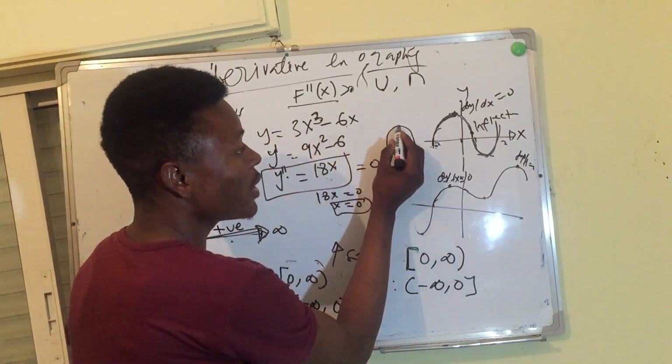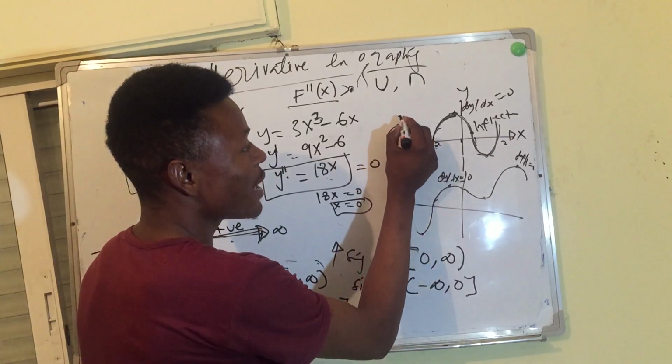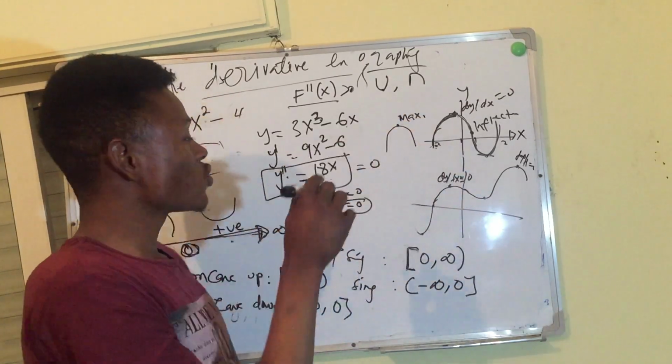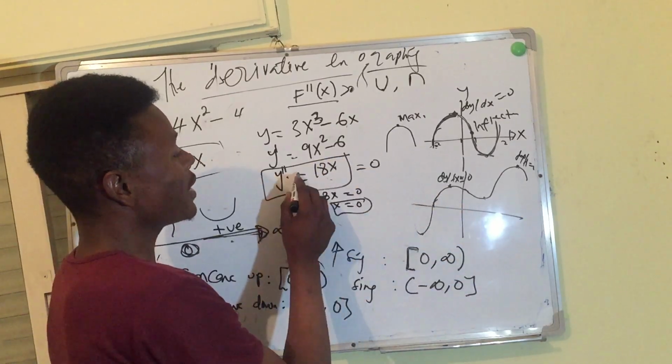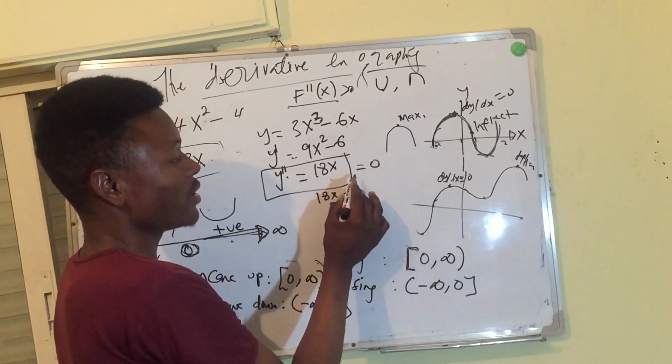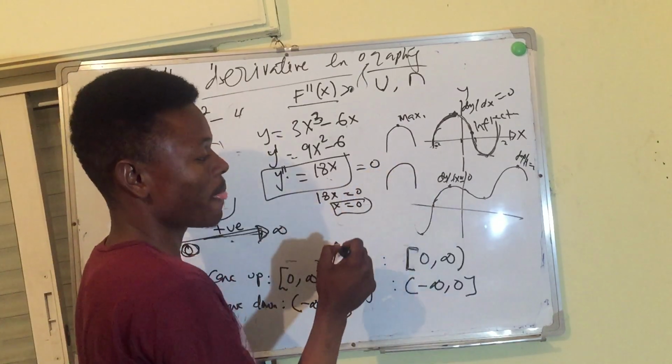So therefore this point is a maxima, because y double prime is negative, so it is concave down.